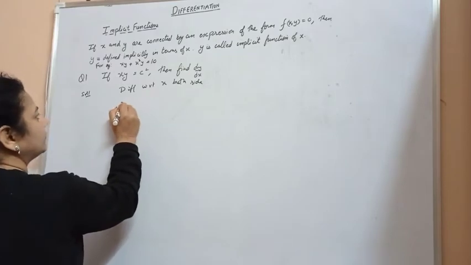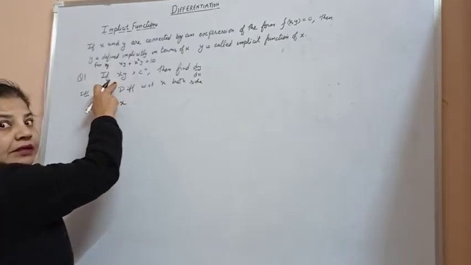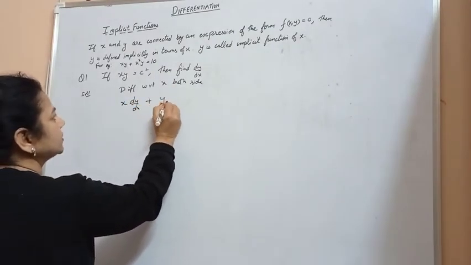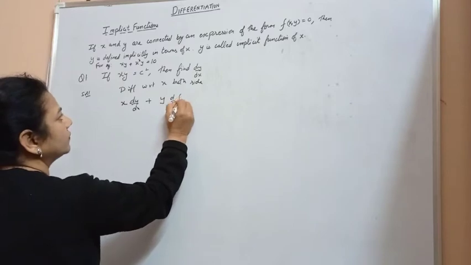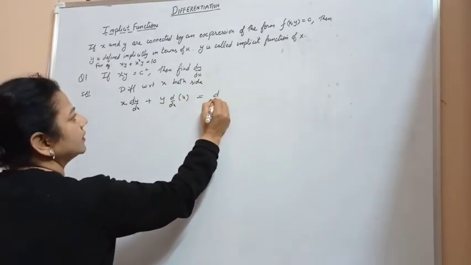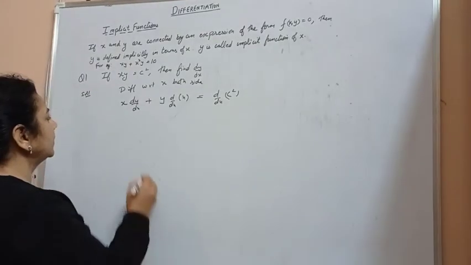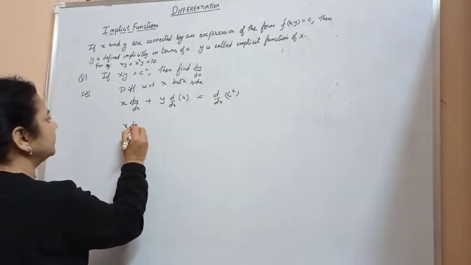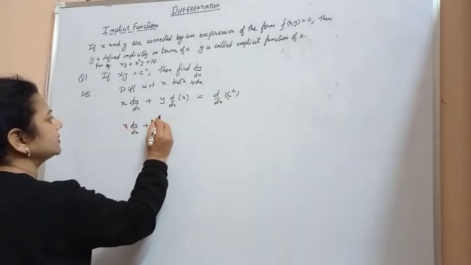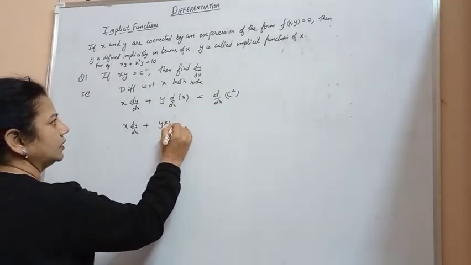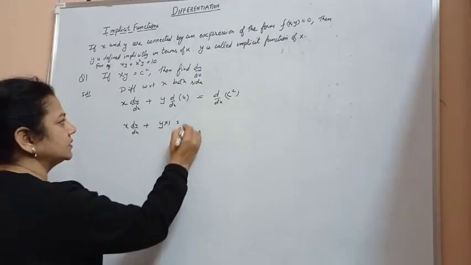Here we apply the product rule: first function into derivative of second function plus second function into derivative of first function, and the derivative of the right hand side also. Here I get x dy by dx plus y, since the derivative of x is 1 only, and the derivative of a constant is 0.